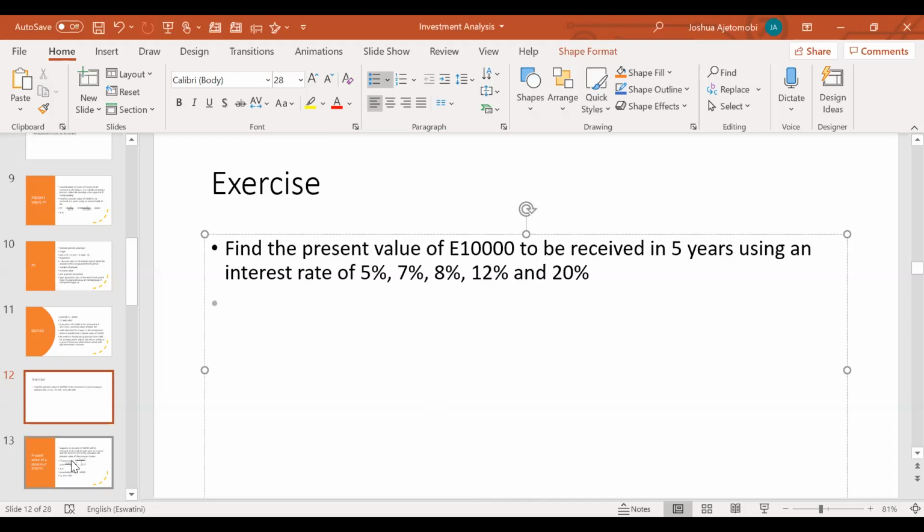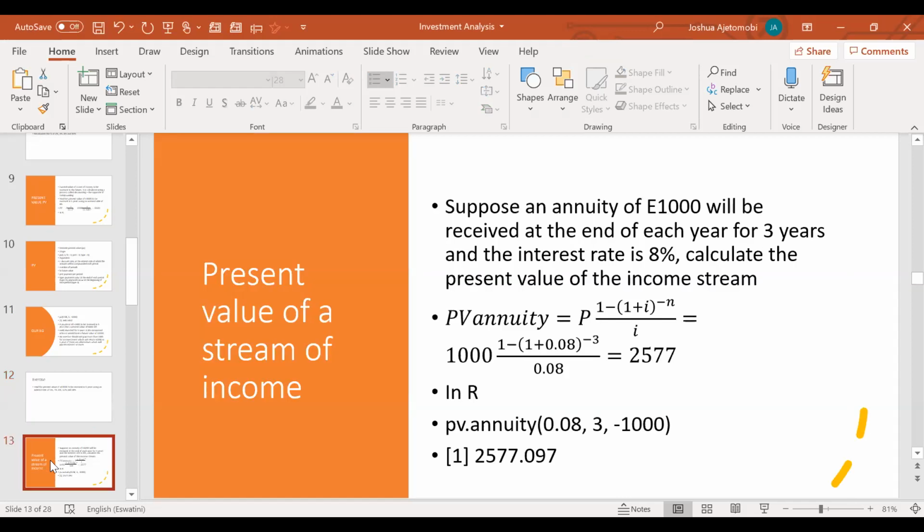So let's move forward. Like we have in the case of future value, you can also have streams of income in the case of present value. Suppose an annuity of 1,000 emalangeni will be received at the end of each year for 3 years, and the interest rate is 8%.